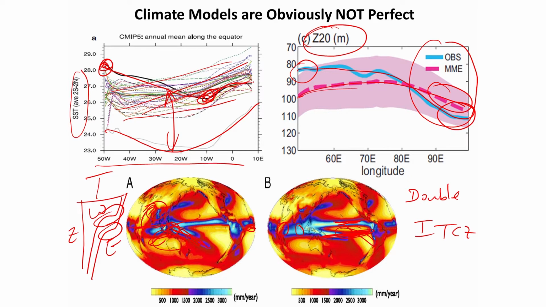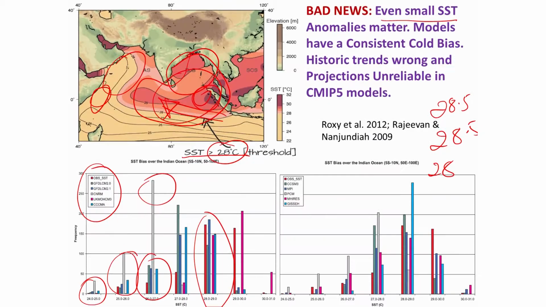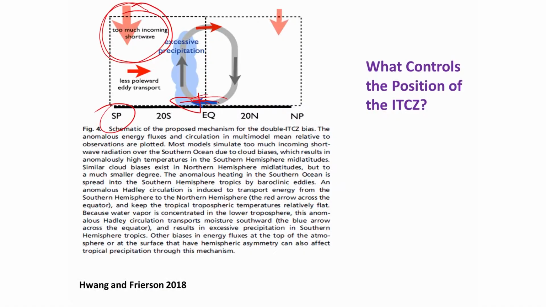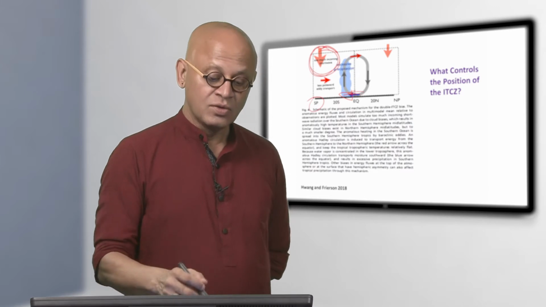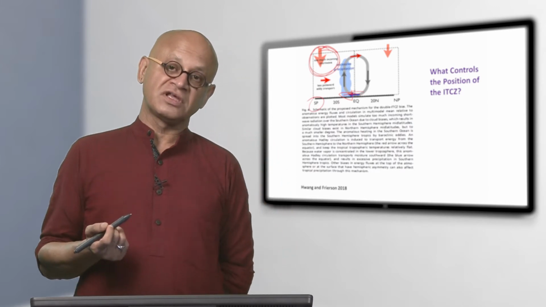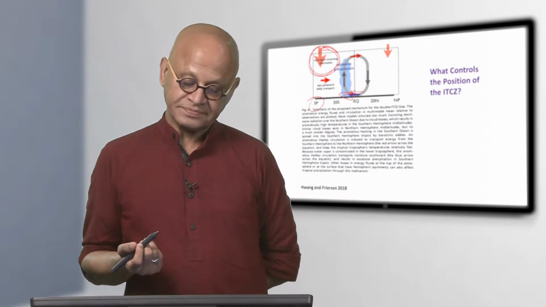Maybe, but once you understand that the errors in the southern hemisphere may be causing the errors in transport here and creating the wrong ITCZ, then you have to go back and figure out how you would improve the cloud cover in the southern hemisphere, and why the clouds are wrong there in the first place.